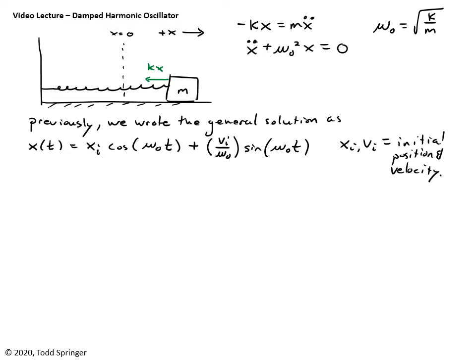Let's go back to physics and talk about the simple harmonic oscillator again. We have the mass on the spring, which we've seen many times, and the spring force causing the acceleration gives us this famous ODE for the simple harmonic oscillator.